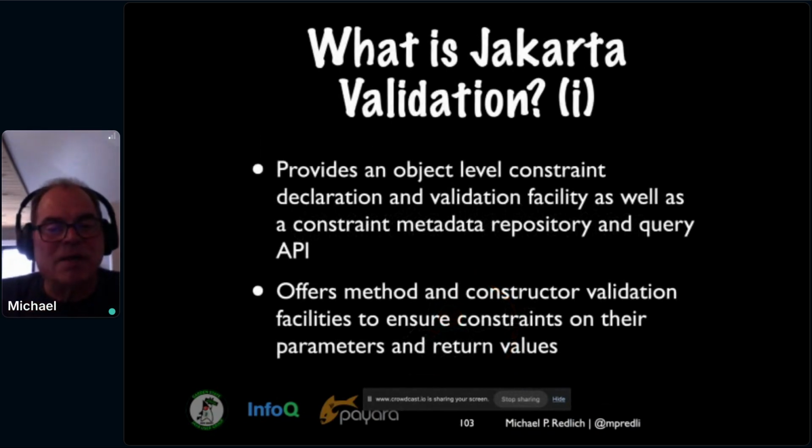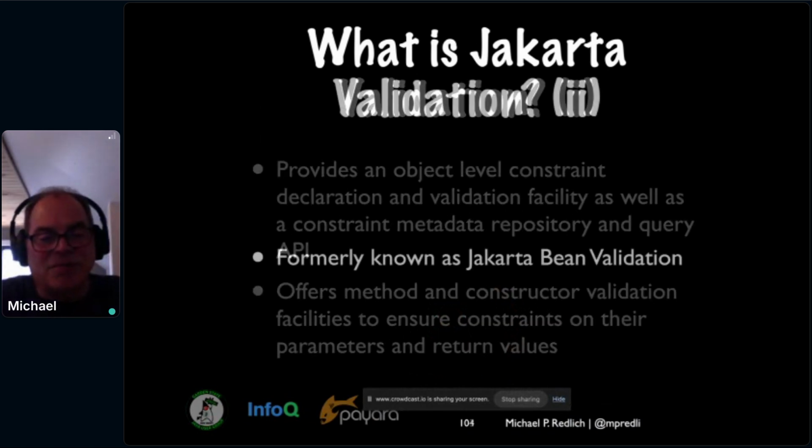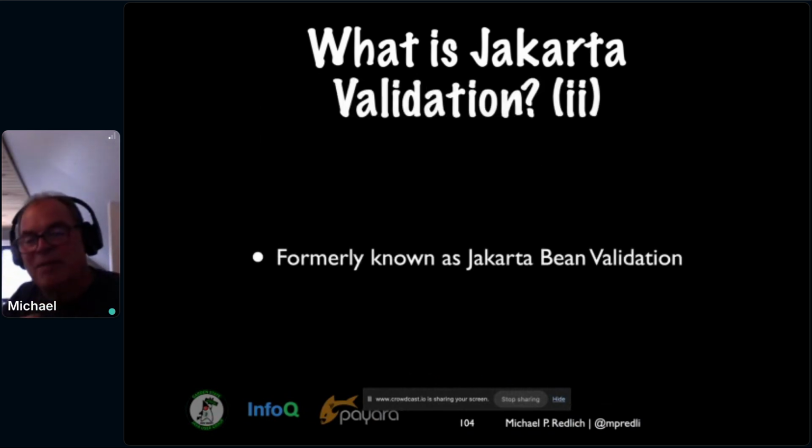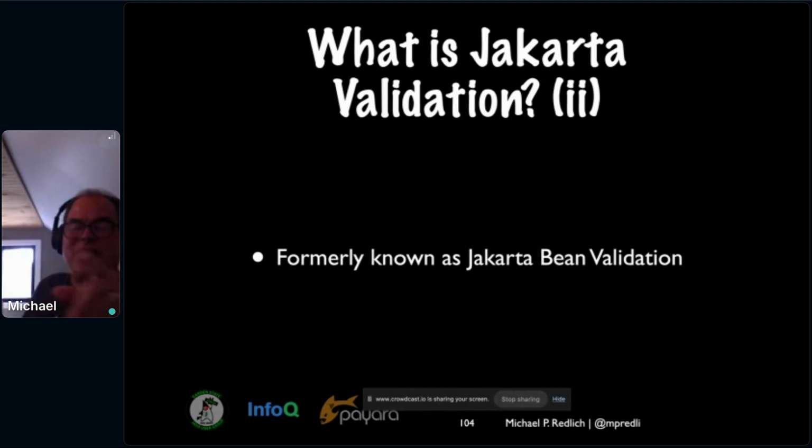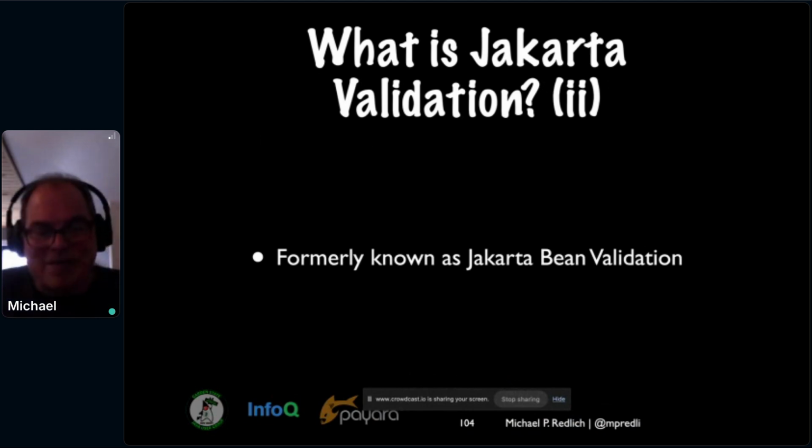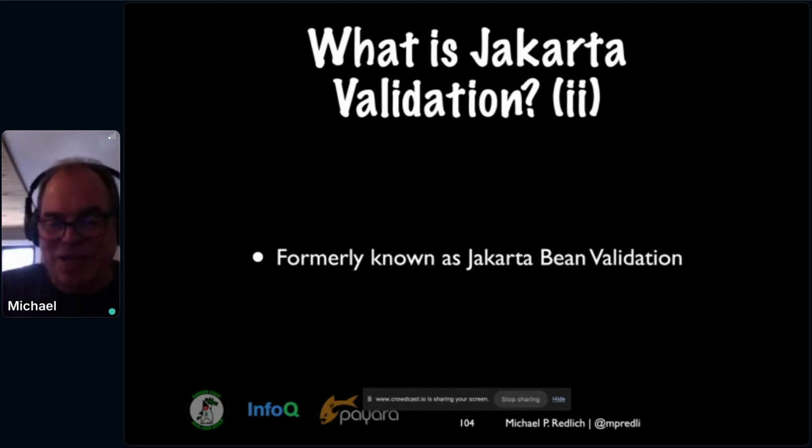It provides an object level constraint declaration, right? Just as a validation facility. It's formerly known as Jakarta Bean Validation. As a matter of fact, the endpoint is still bean-validation as opposed to just validation. I don't know if that'll be changed at some point.